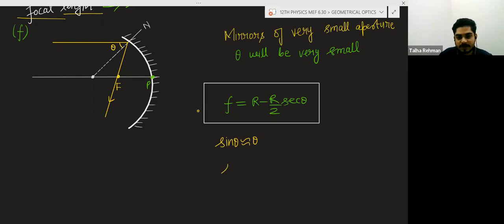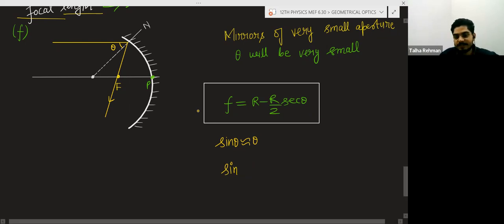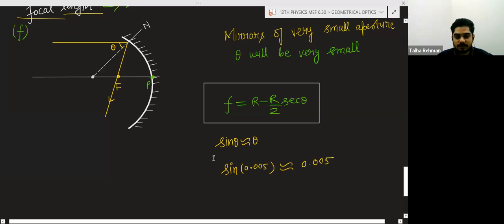For example, sine of any angle in radians, if that angle is very small, suppose sine of 0.005 radian, you can write this value as approximately 0.005.